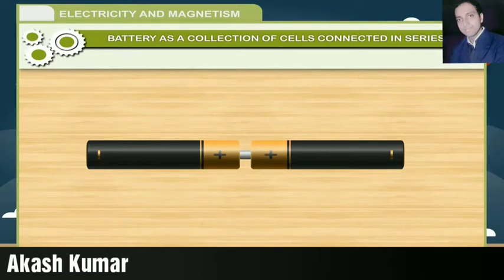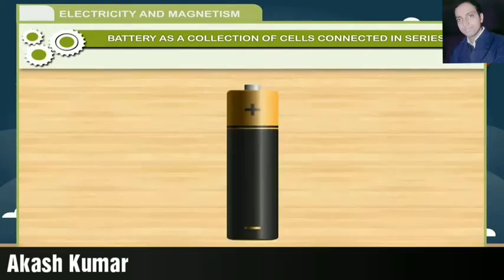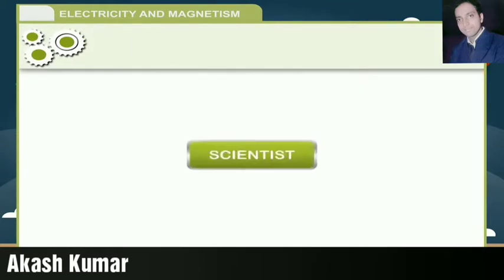In the same way, a battery will not work if you connect two negative terminals together. Batteries usually have positive and negative symbols printed on their compartments to ease identification. The symbols for a battery of 2 cells, 3 cells, or more cells are shown below.